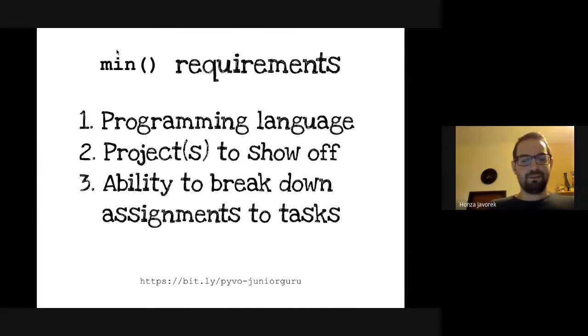So this ability allows you to take this assignment and not get stuck, basically. You should be able to think about it and break it down into smaller problems you will know how to solve. Or perhaps you won't know exactly how to solve them, but you sense that it would be an isolated problem and you can ask someone about it and how to solve it.